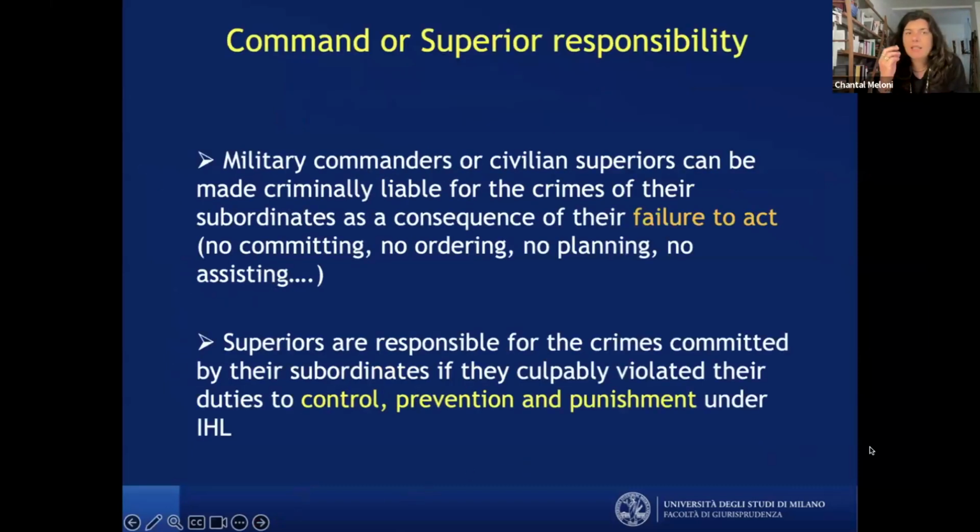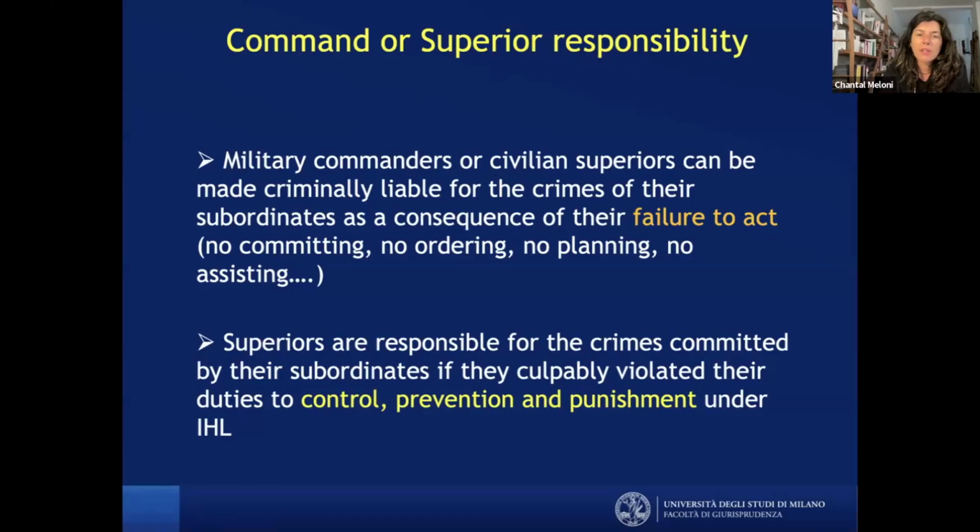Because it's a mode of liability that makes the superior, the military commander, but also the civilian superior, responsible for the crimes committed by their subordinates, not for something that they did, not for ordering, not for participating in the crime, not even for instigating or planning them, but for something that they failed to do, a failure to act.